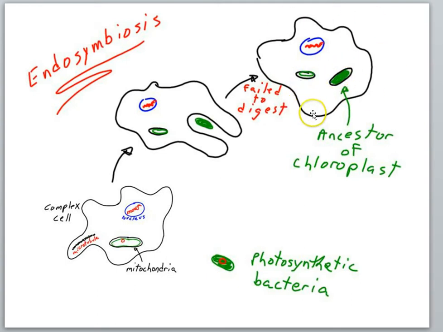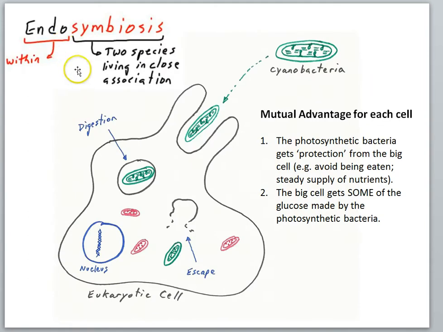This is the basic idea of the story of why it is that chloroplasts have characteristics like bacteria. The ancestors of today's chloroplasts were once photosynthetic bacteria that lived on their own. And they got internalized by larger cells in the environment. So we're going to call this theory endosymbiosis.